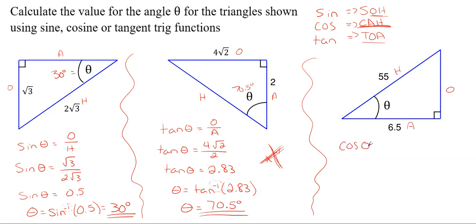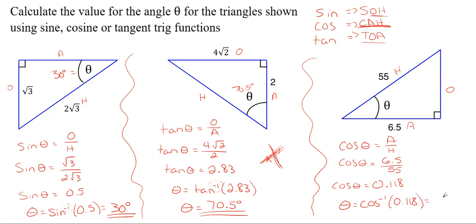So cosine of theta is equal to my adjacent divided by my hypotenuse. So the cosine of my angle is equal to 6.5 divided by 55. Well, 6.5 divided by 55 gives me approximately 0.118. So my angle would be the cosine inverse of that value of 0.118.